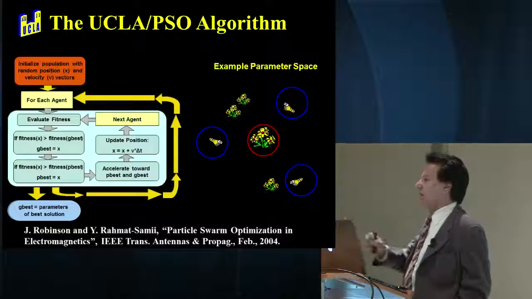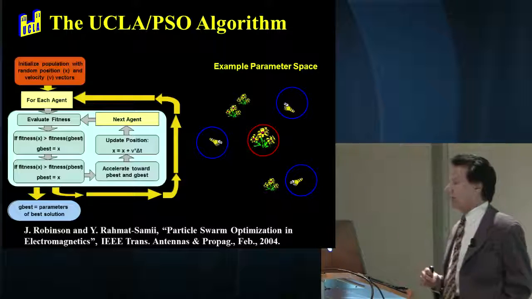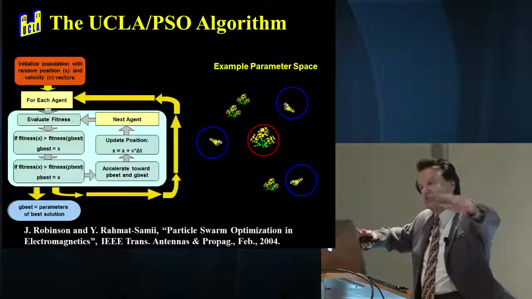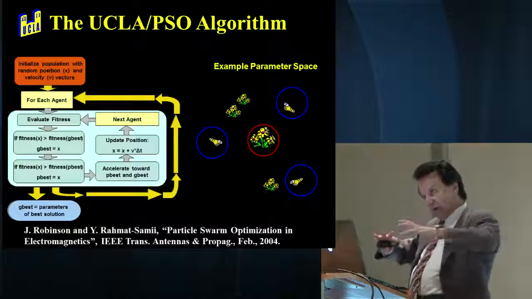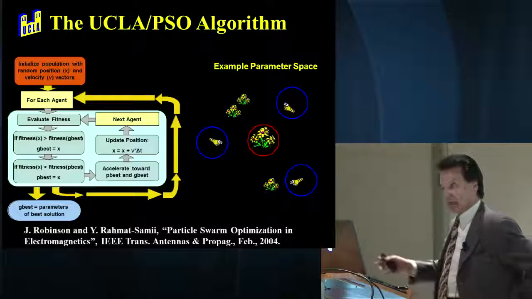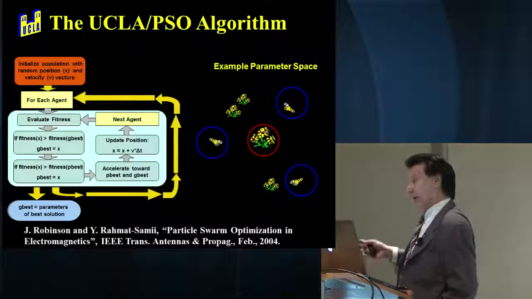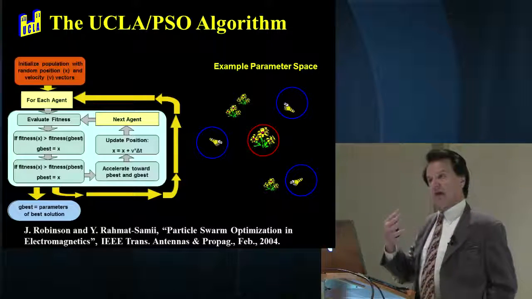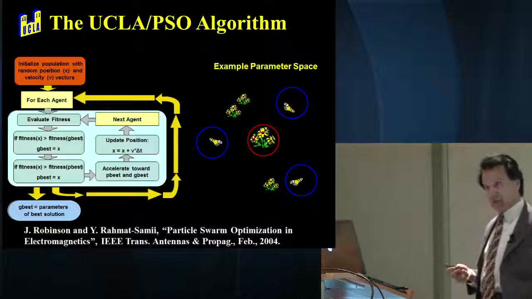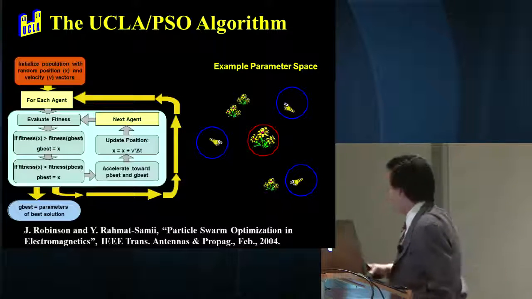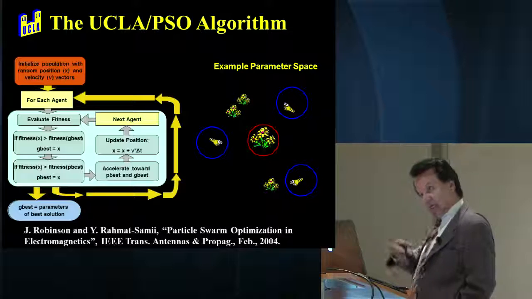You randomly deploy a bunch of potential solutions, albeit they may not be the solutions that you want, and then you let the solutions evolve by this interaction and hopefully bring you the design that you are interested in. I'm going to show you some examples. It's very different from the genetic algorithm, which relies on Darwin's evolutionary and competition processes of the best fitted species. This is more the social interaction of the bees.